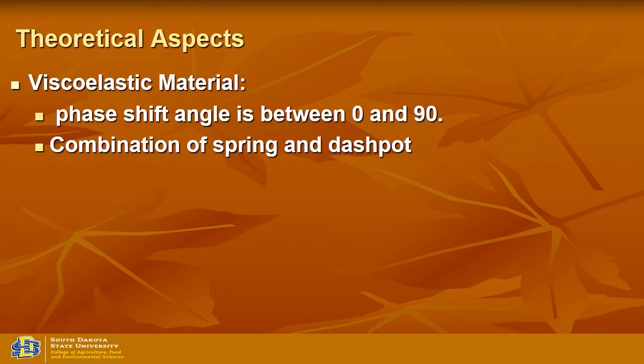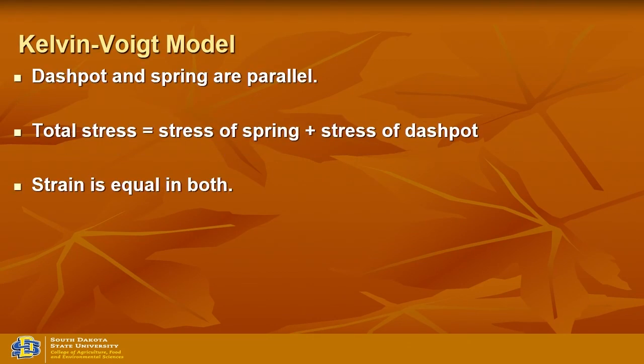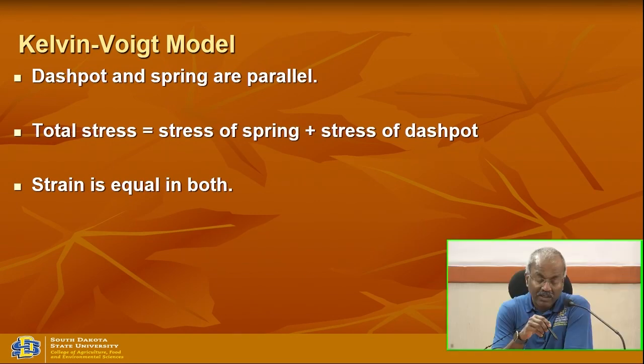So if you are measuring a viscoelastic material, the phase shift angle is between 0 and 90. What it means is it's a combination of spring and dashpot, a combination of elastic nature and viscous nature. Similar to what we discussed before, here also the same analogy applies for the Kelvin-Voigt model, which is creep, right?